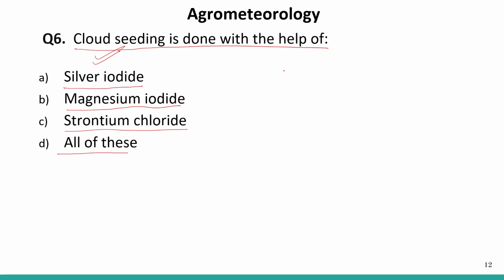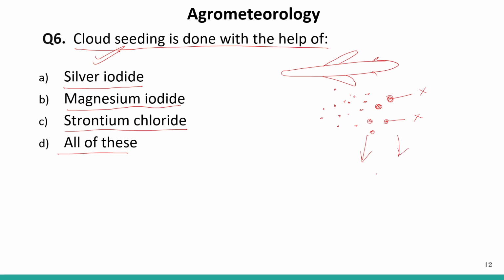Some chemicals are spread in the atmosphere, sprayed with the help of aircraft. Around these substances, suppose this is a substance X, atmospheric moisture comes and condenses around it, and it brings rain.